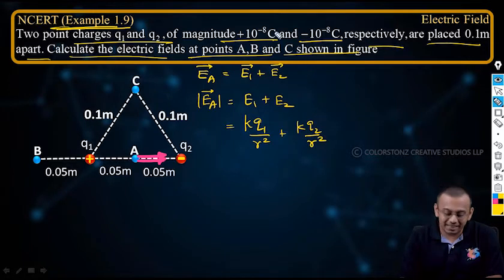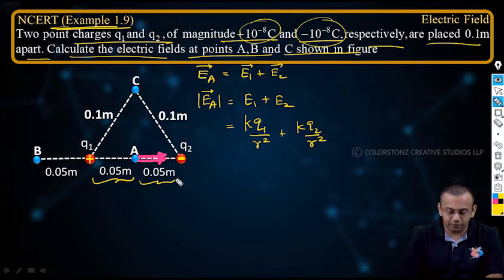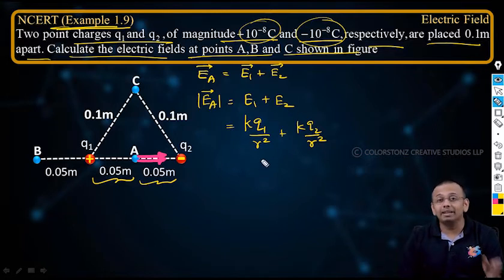Now you can clearly see that the charges have the same magnitude, and this distance is also the same for both. It is 0.05 meters. And therefore these two magnitudes of the electric fields will be the same, and I can simply double up the field.